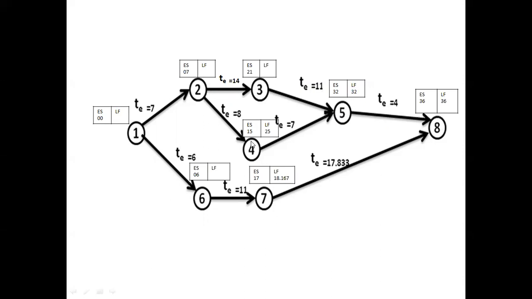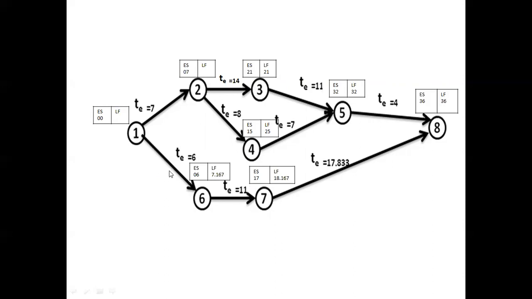And similarly for the fourth, that is 2 to 4, the latest finish time for the activity 2 to 4 is 32 minus 7, so that is 25. And for 2 to 3, latest finish time is 32 minus 11 is equal to 21. And similarly for 1 to 6, it is 18.167 minus 11, which makes 7.167.